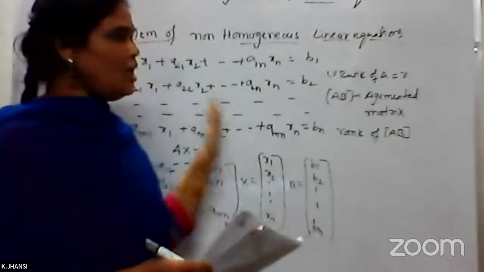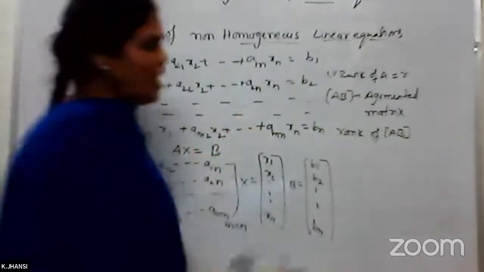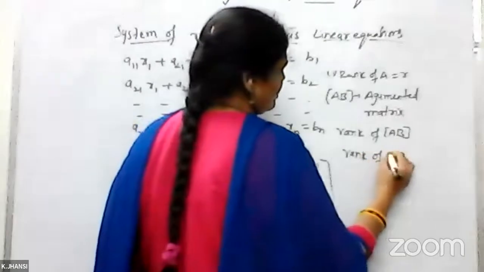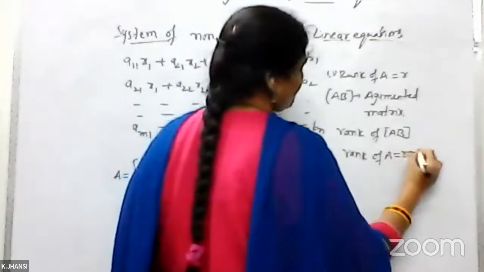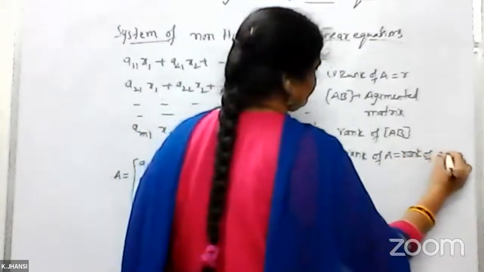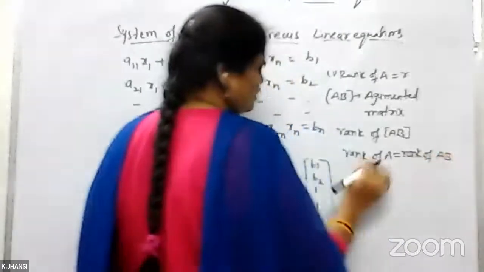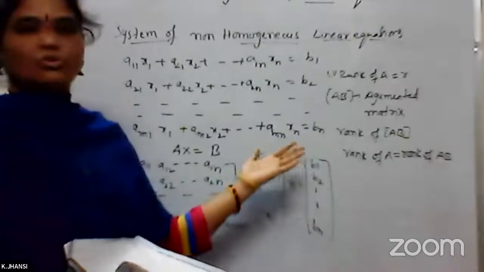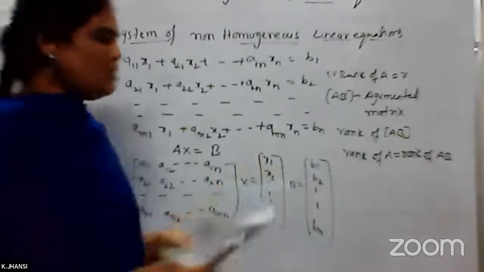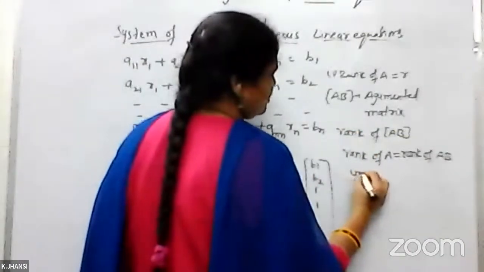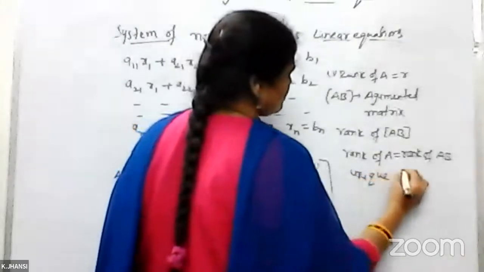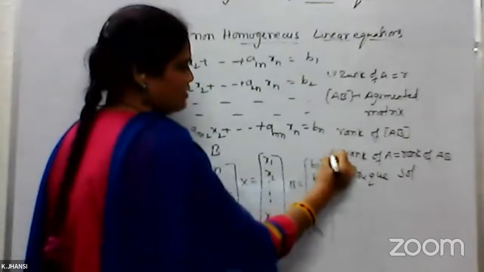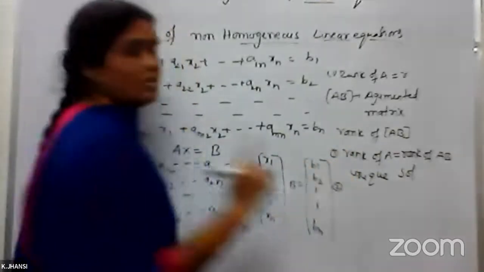Similarly, as for the homogeneous equations, if rank of A is equal to rank of AB, if both are the same, then you will get one unique solution. Okay, so when this case is satisfied, you will get one unique solution.